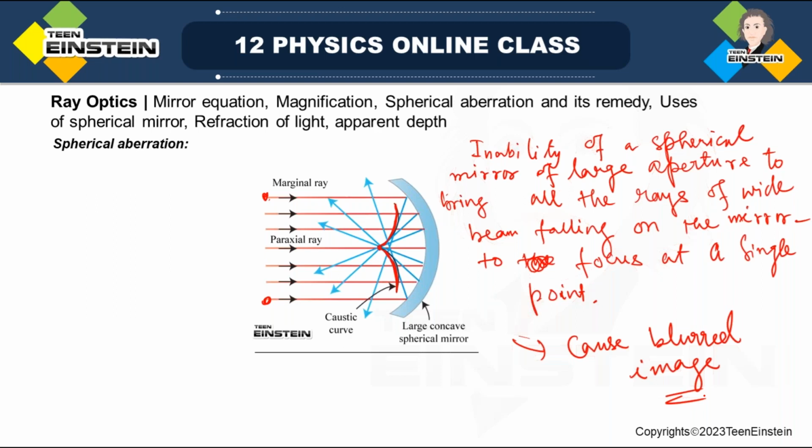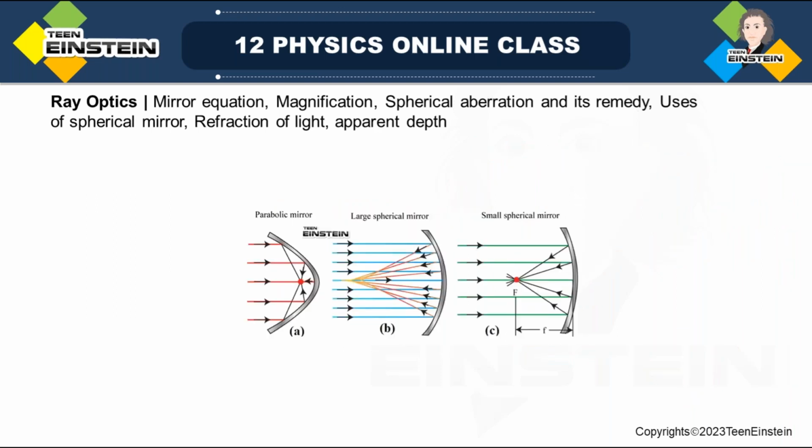And if the image is blurred, then you cannot see the very fine details of the image itself, which are sometimes required in scientific research. So this is the reason we need to get rid of this spherical aberration.